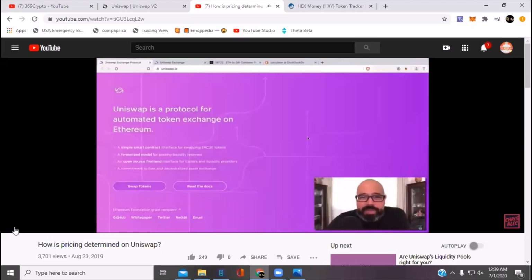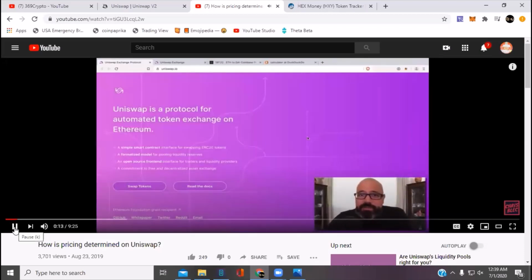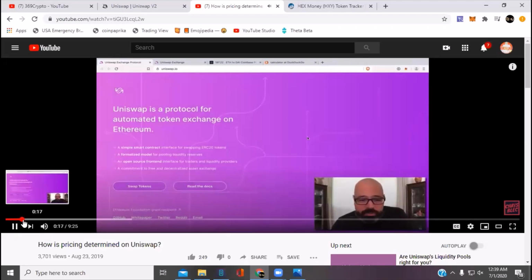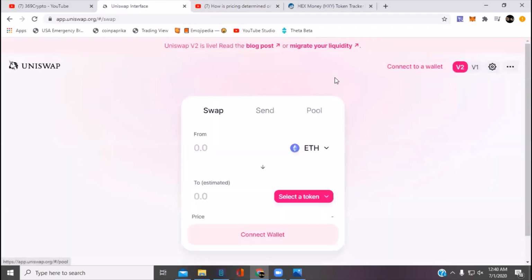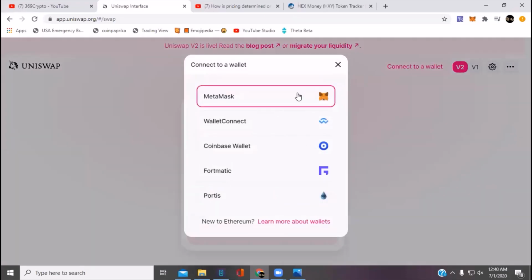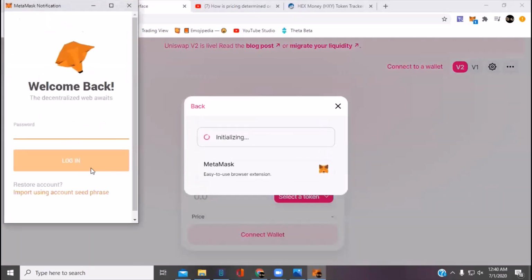Uniswap is a really great destination for just about every DeFi user because it's an awesome place to swap Ethereum. Not to get too far into the weeds, I'm just going to launch the app here because it's easier to show this. When you launch the app, you also need to connect your MetaMask wallet, and this will authorize MetaMask to interact with the smart contract, as well as using the APIs and other tools to determine pricing for what you have in your wallet.